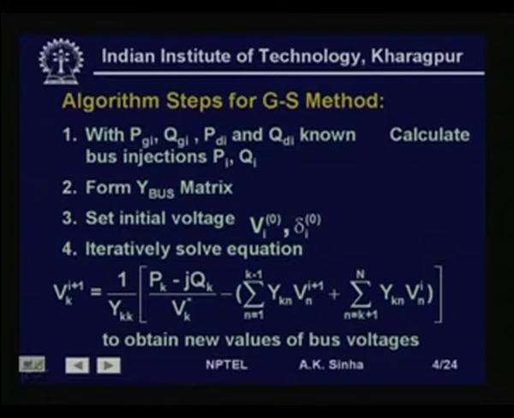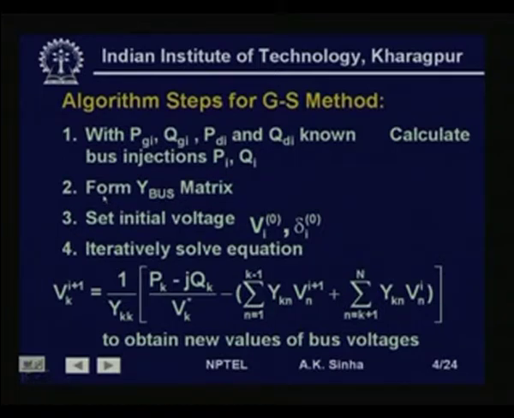So, once we know these quantities, we can calculate Pi and Qi. Pi will be Pgi minus Pdi, and Qi will be Qgi minus Qdi. So, we first need to calculate the bus injections.